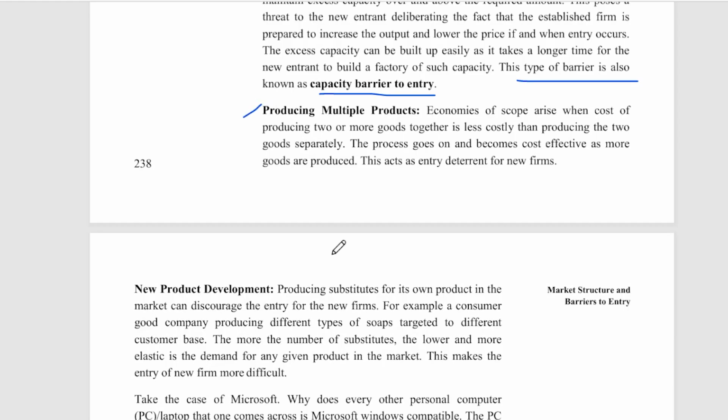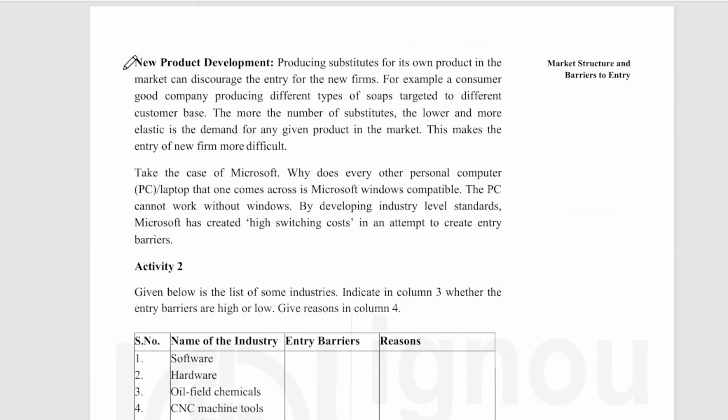Next is producing multiple products. Economies of scope arise when the cost of producing two or more goods together is less than producing the two goods separately. The process goes on and becomes more cost effective as more goods are produced. This acts as an entry deterrent for a new firm. Next is new product development.